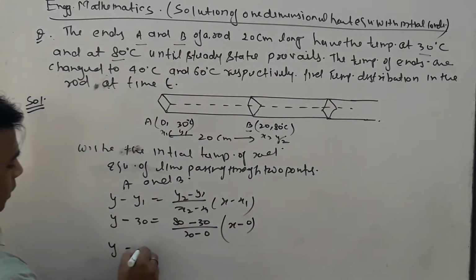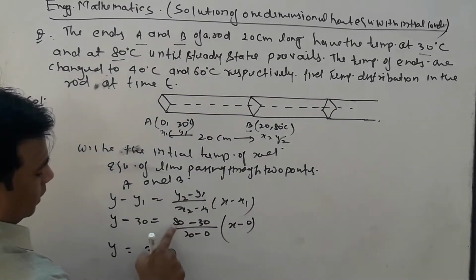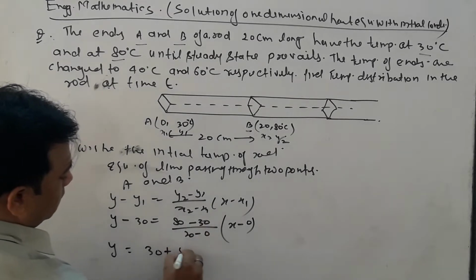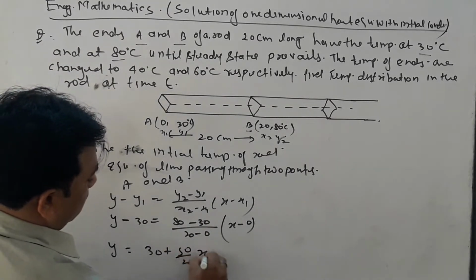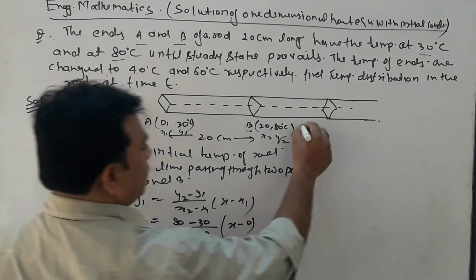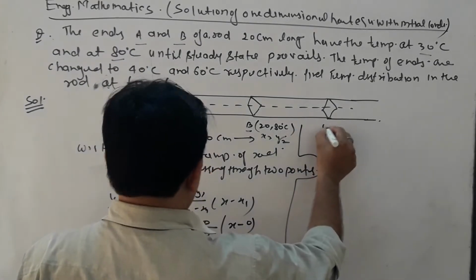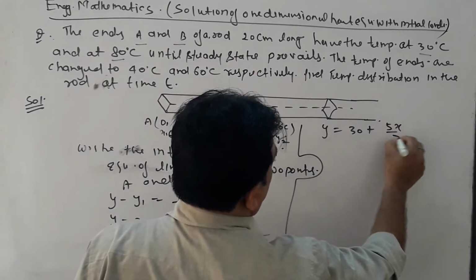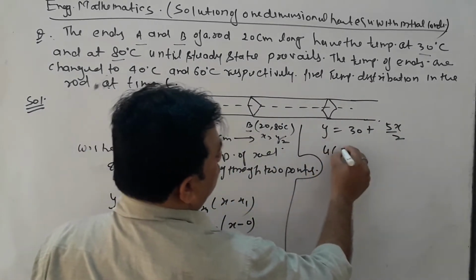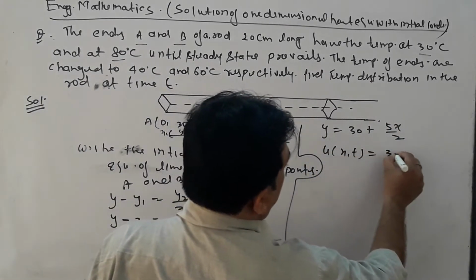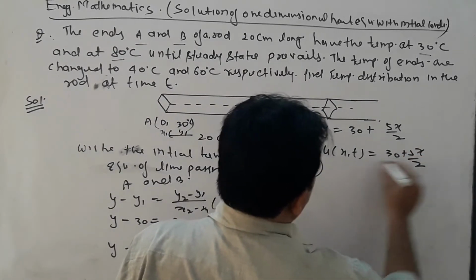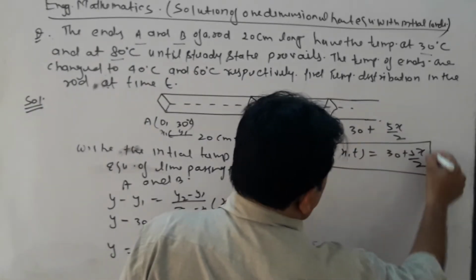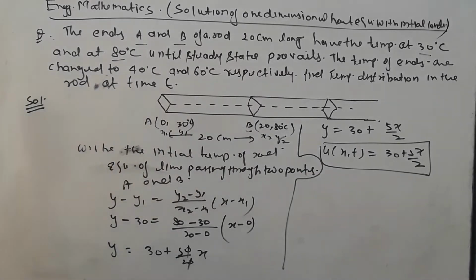So y equals 30 plus 50 upon 20 into x, cancel out, so y equals 30 plus 5x over 2. We write u(x,t) equals 30 plus 5x over 2. This is the initial temperature.